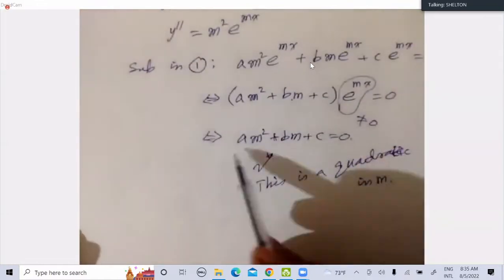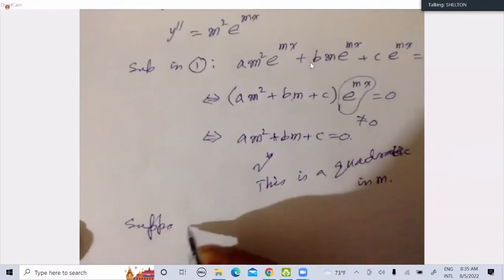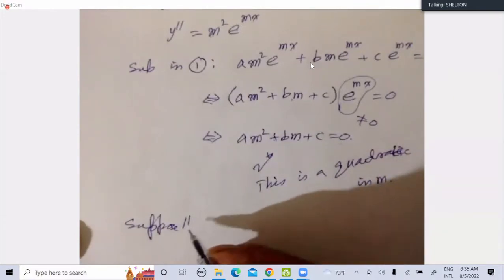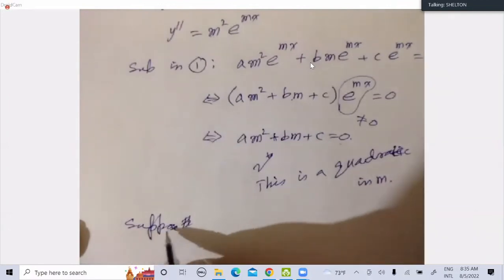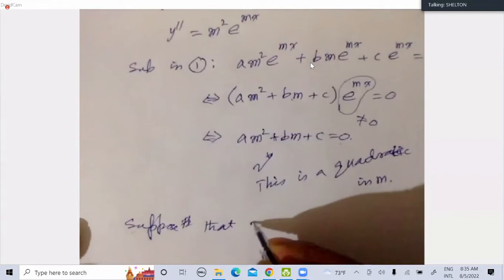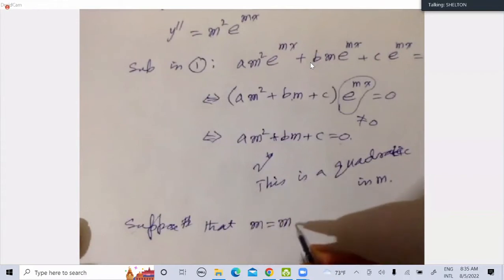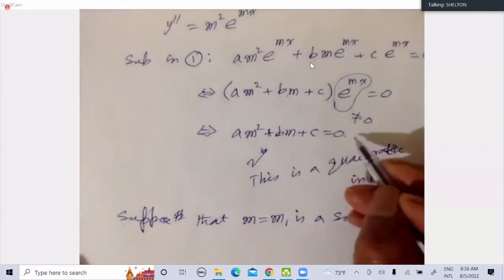Suppose that m equals m1 is a solution of this equation.